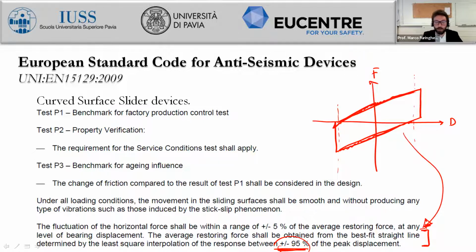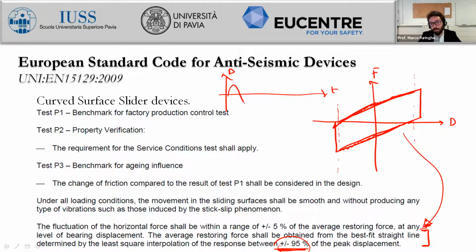And this is actually what we are going to do tomorrow for the tests for curved surface slider. And obviously this can be done for all the cycles. Again, this has to be done for all the cycles provided by the input signals.